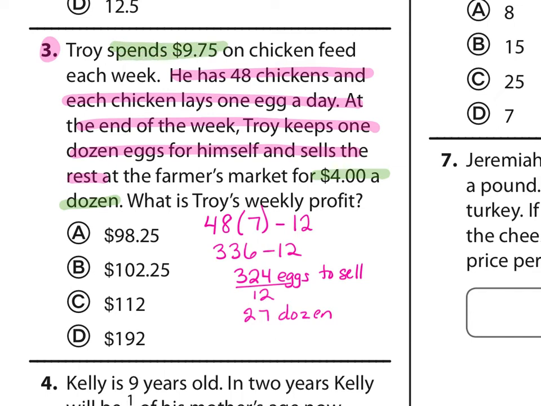So let's take that 27 and multiply by $4 and then subtract $9.75. So he would actually make $108 on the eggs for selling them, but he's got to subtract $9.75 from that amount, and he has a total of $98.25 profit that he makes.